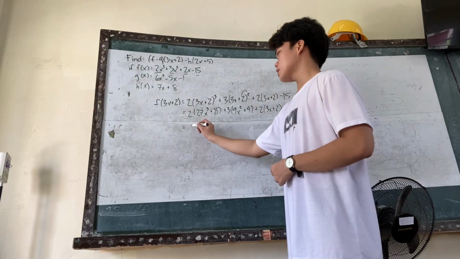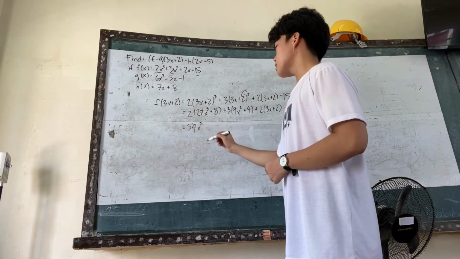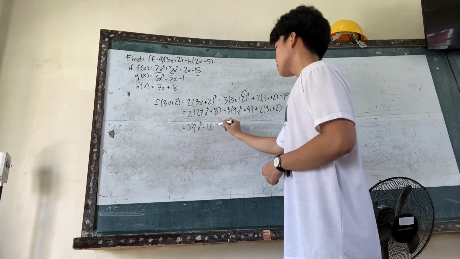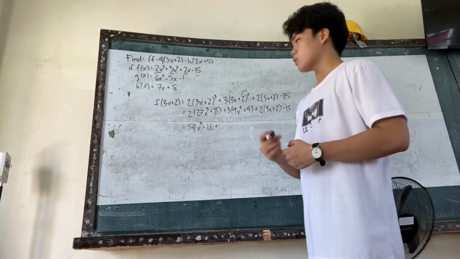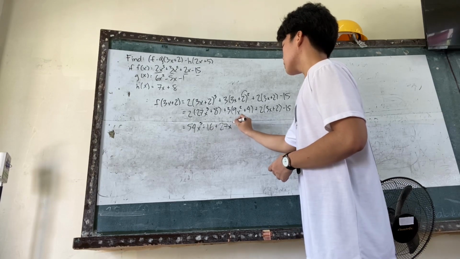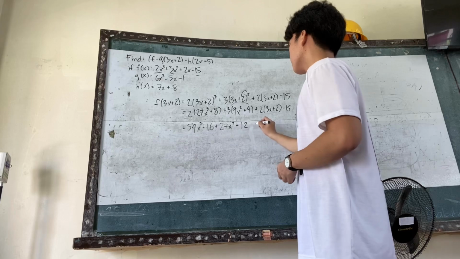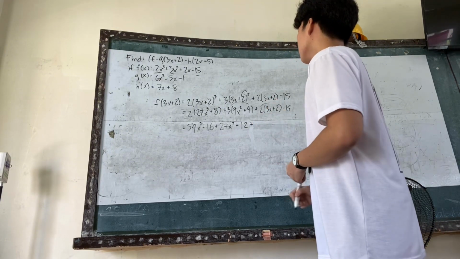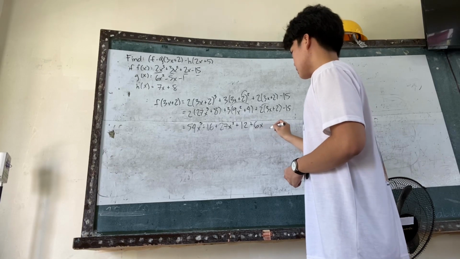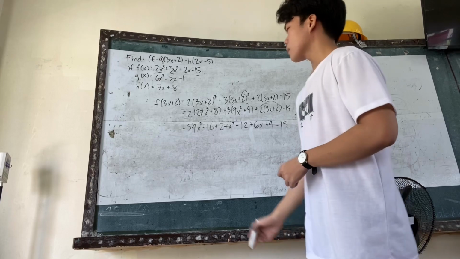So 27x³ times 2 is equal to 54x³, copy the exponent 3, while 8 times 2 is 16, plus 9x² times 3 is simply 27x². 3 times 4 is equal to 12, plus 2 times 3 is equal to 6x, plus 2 times 2 is equal to 4, copy 15.